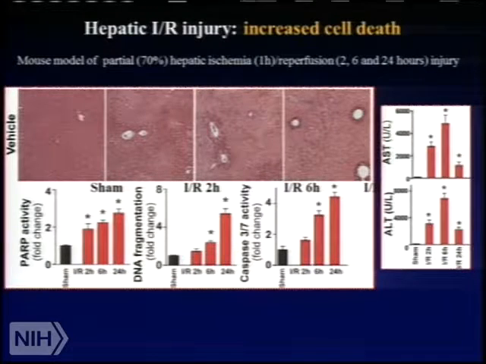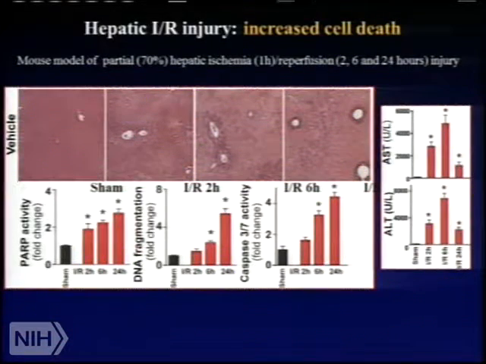This is how it looks histologically. This is a hematoxylin stained liver slice. This is a normal liver with hepatocytes, and this is the sinusoid. Following the injury at 2 hours, you see edema and loss of blood. But later at 6 hours, you already see coagulative necrosis, and this is very well demarcated at 24 hours.